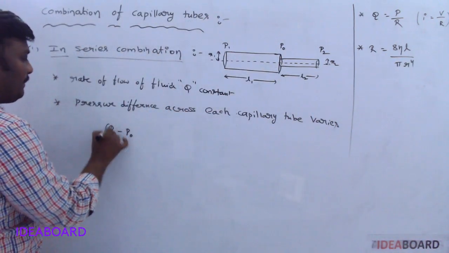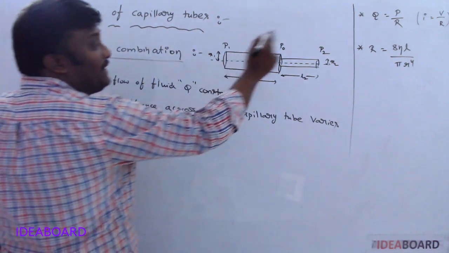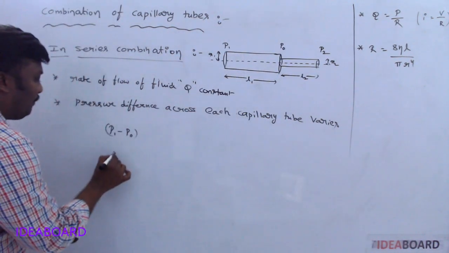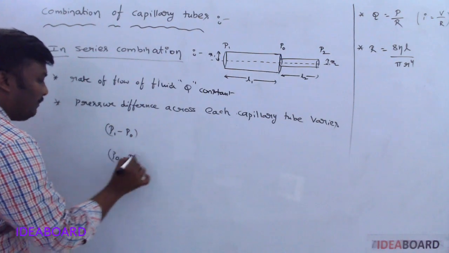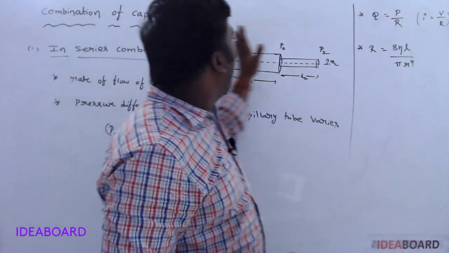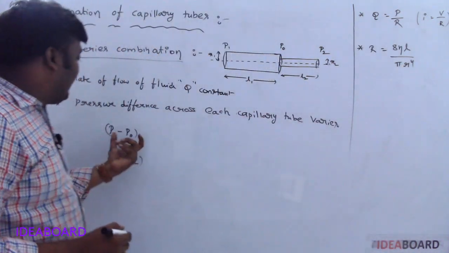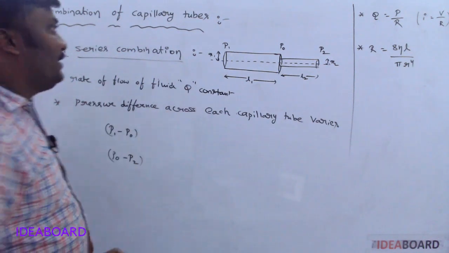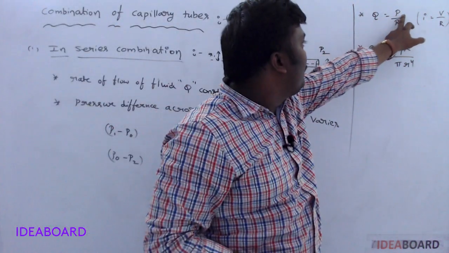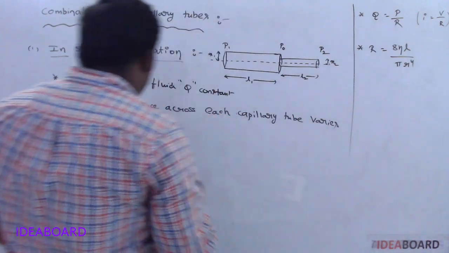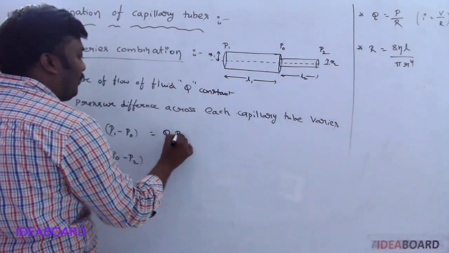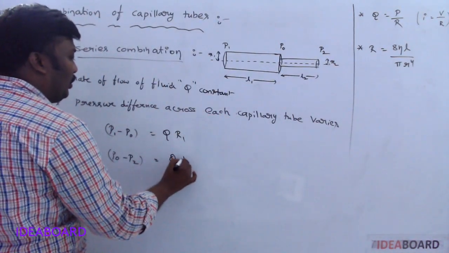P1 minus P0. And what is the pressure difference across the second capillary tube? P0 minus P2. Then the fluid will move in this direction. Pressure difference only changes but Q remains constant. So what is the formula for pressure difference from this? Q into R1, so here it is Q into R1 and here Q into R2.